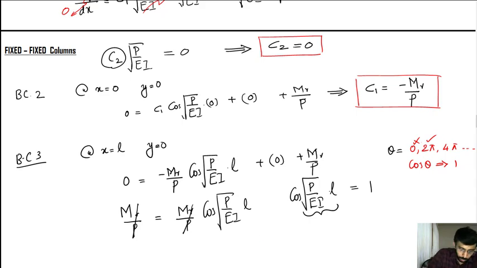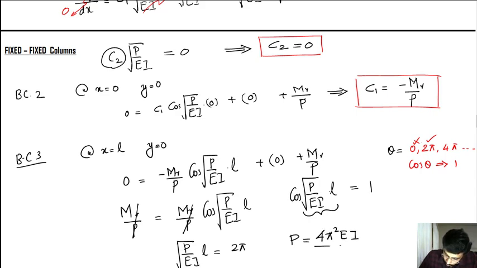If we equate root of p by EI into L to 2 pi, and square it and group it, we end up with p equal to 4 pi square EI by L square. So this is the Euler's equation for the fixed column.